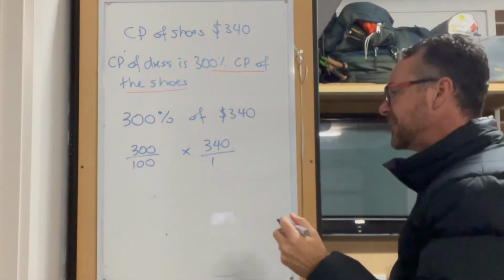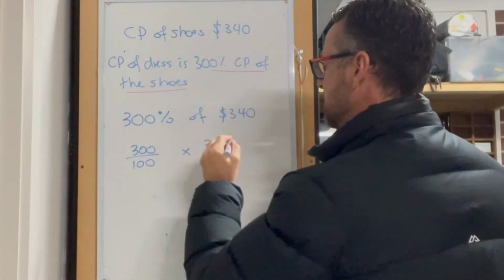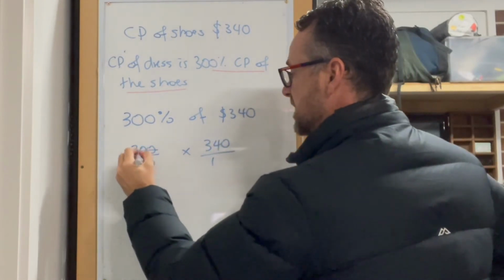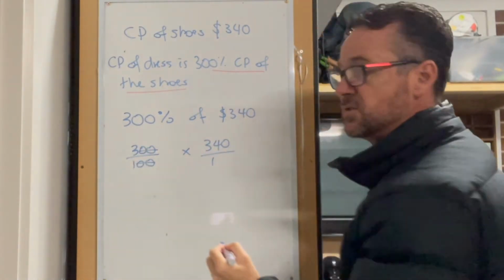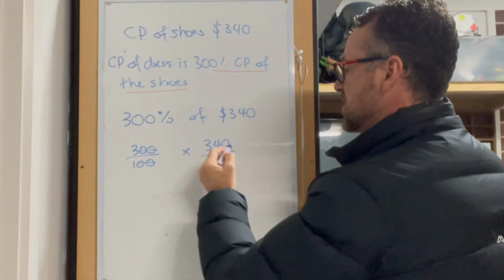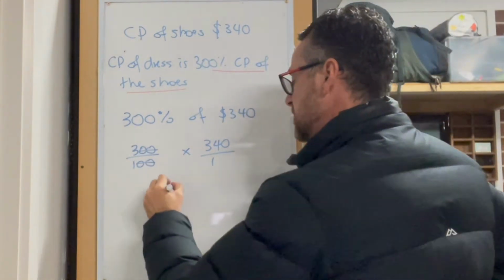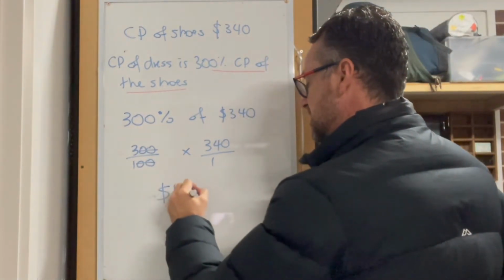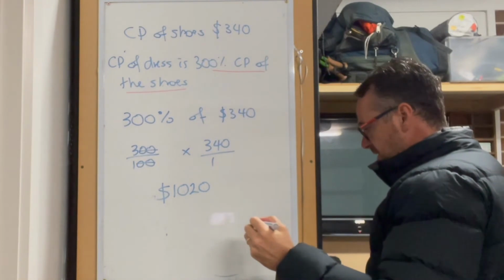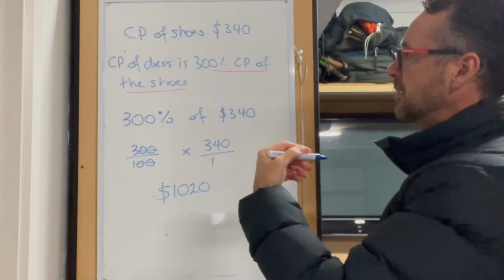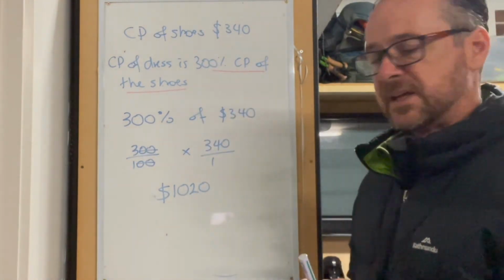And so once we get that, we can then obviously cancel those two zeros with those 2 zeros there, and it becomes 3 times 340, which gives us an answer of $1,020. Okay, so that's really the reading of that question.